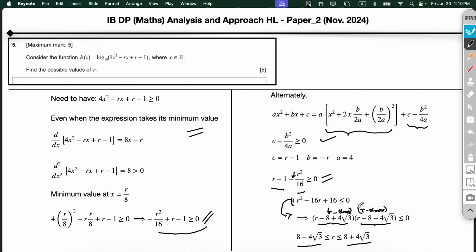So if you multiply them, their product will be negative, or less than or equal to 0. So this is the range of values allowed for r in order to have all real values of x give 4x square minus rx plus r minus 1 greater than 0, and hence the log is well defined.